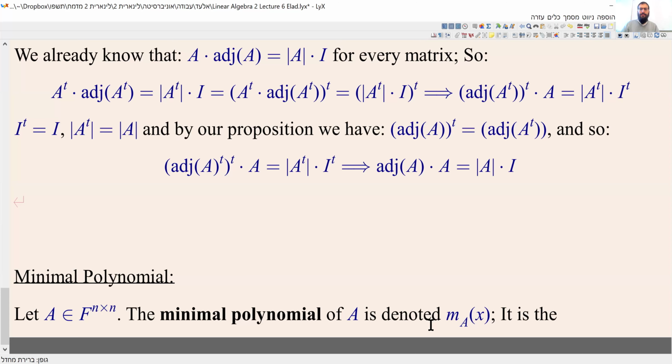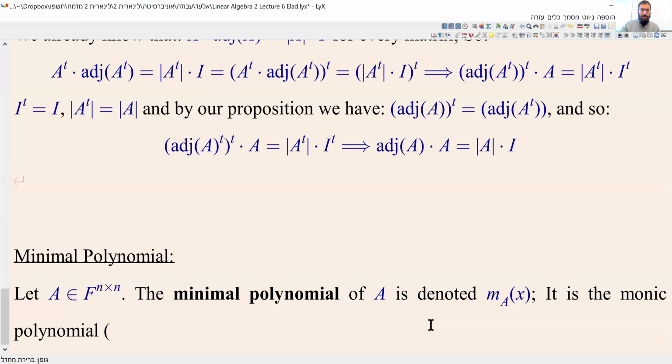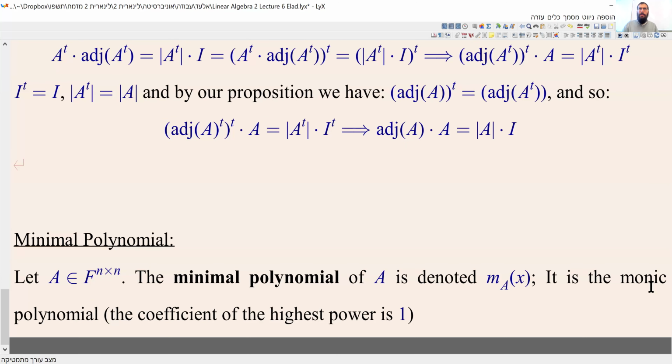It is the monic polynomial, meaning the coefficient of the highest power is 1, just like the characteristic polynomial, which is always x to the power of n, and then the coefficients start to get nasty.